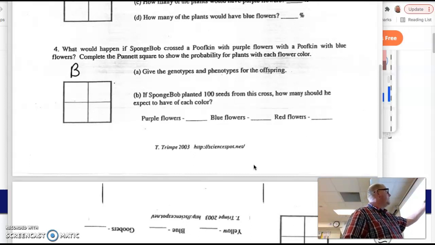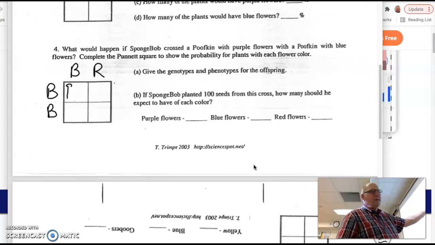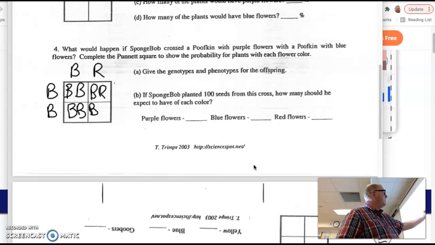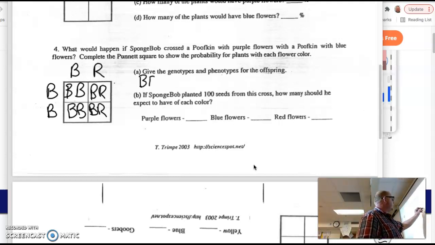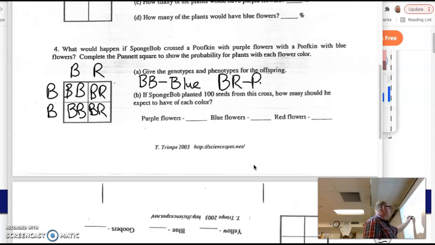Purple is big B, big R, and blue is big B, big B. So we would get big B, big B, big B, big B, big R, big B, big R, big B, big R. Okay, give the genotypes. That would be big B, big B, and that would be blue. And then we have big B, big R, and that would be purple.